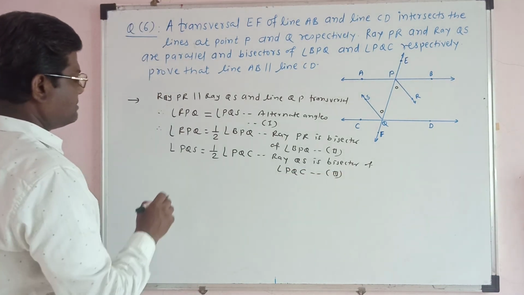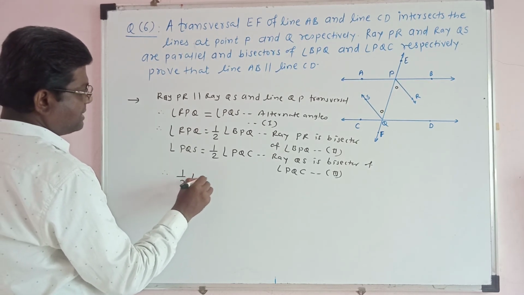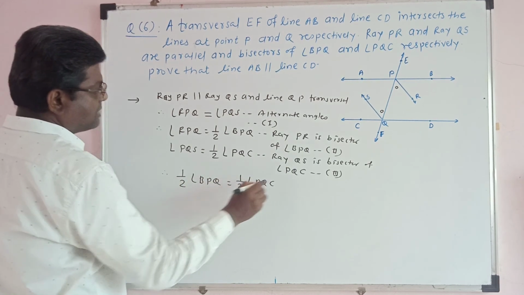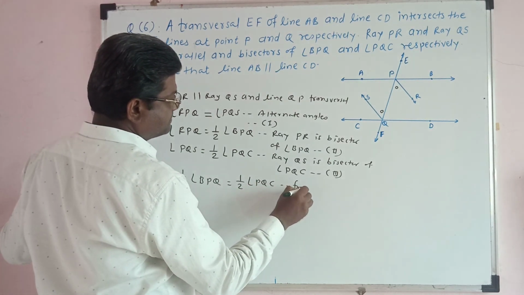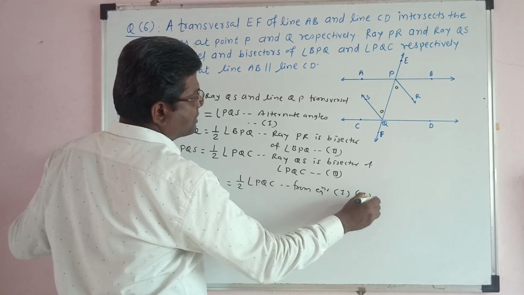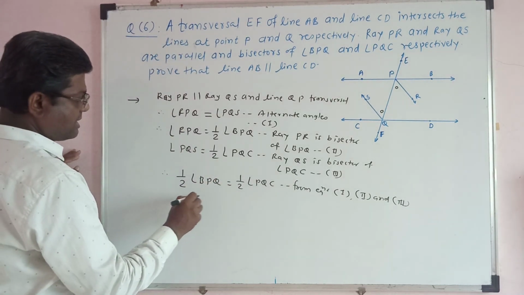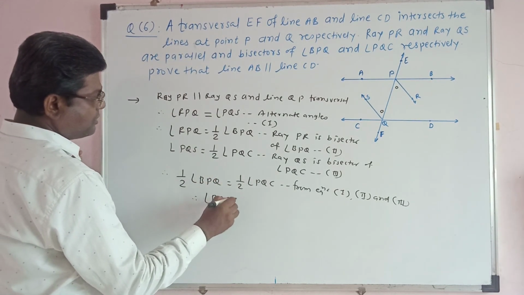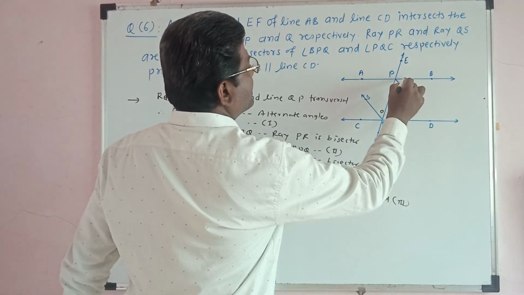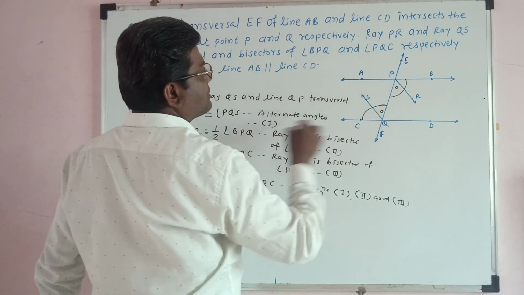So from equations 1, 2 and 3, 1/2 angle BPQ is equal to 1/2 angle PQC. This half will get cancelled. Therefore, angle BPQ is equal to angle PQC.